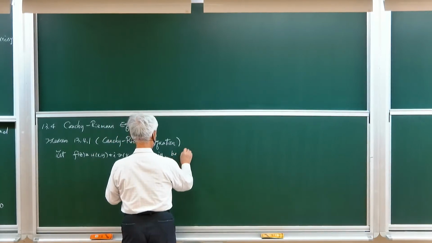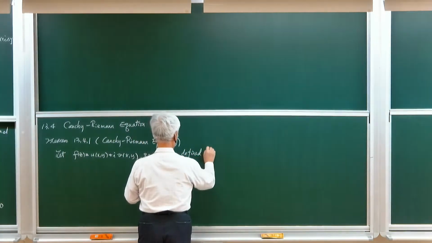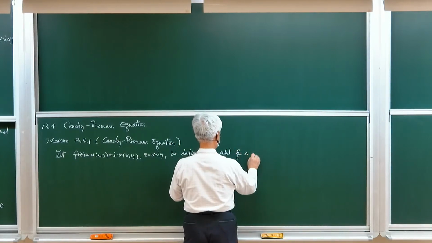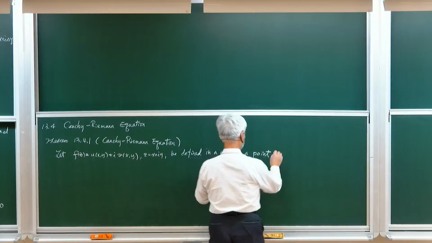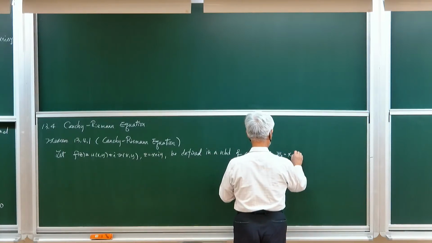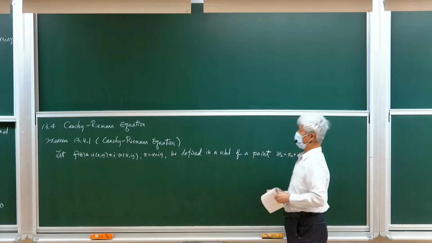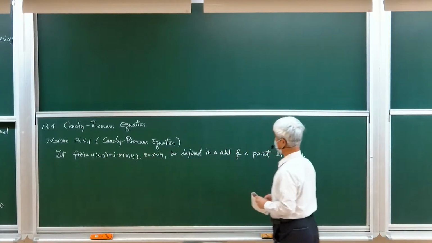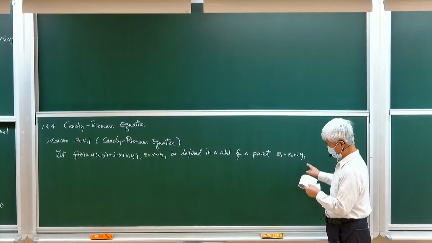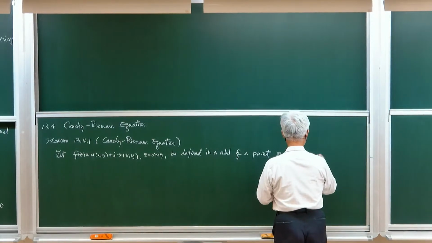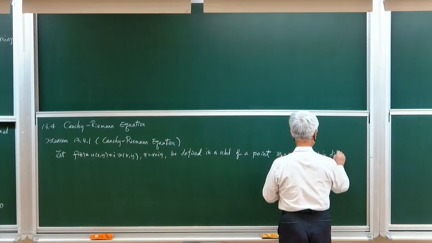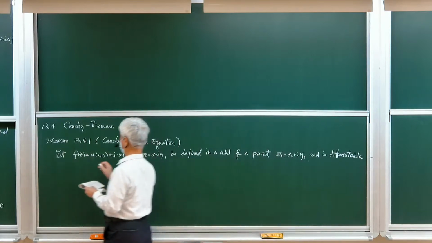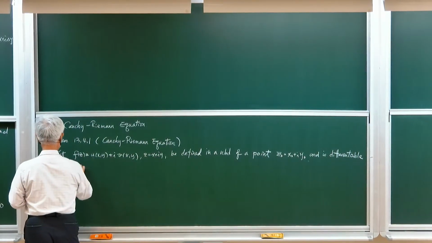Let it be defined in a neighborhood of a point z0. So we consider a complex function which is defined in a neighborhood of the point z0, and it's differentiable at z equal to z0.